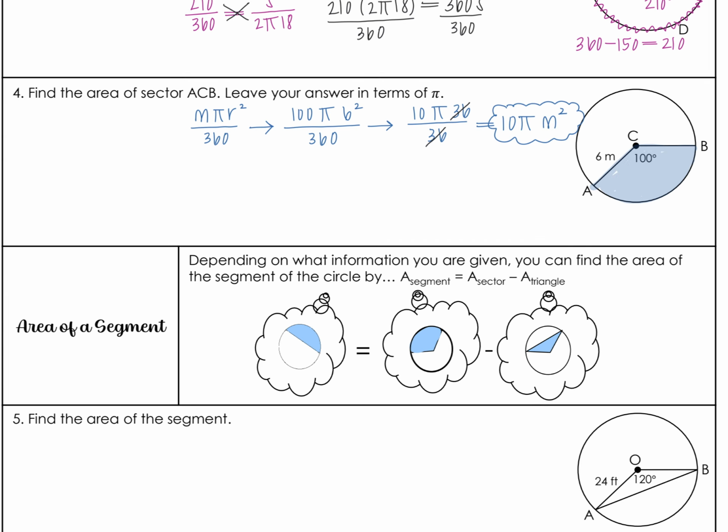Like I did in the previous one, I'm going to show you just me kind of starting it off. I'm not going to go through and solve because you'll see why. But plugging in, if you wanted to use your proportions, you would have that 100 over 360 is going to be equal to my sector area divided by my area of a circle, pi r squared.